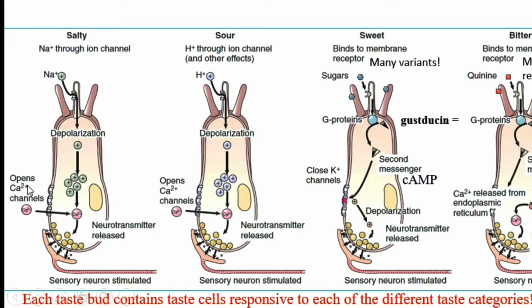As depolarization is happening because of the positive ions, the voltage-regulated calcium channels will be open too, and the calcium from outside will come inside the cell, and finally depolarization will be large, and the receptor potential happens in here.